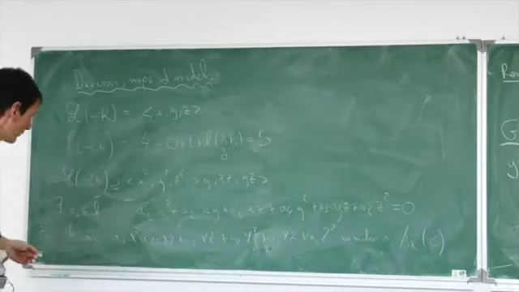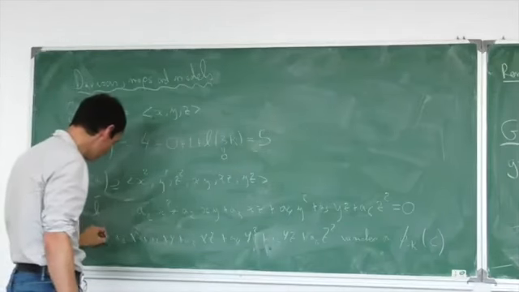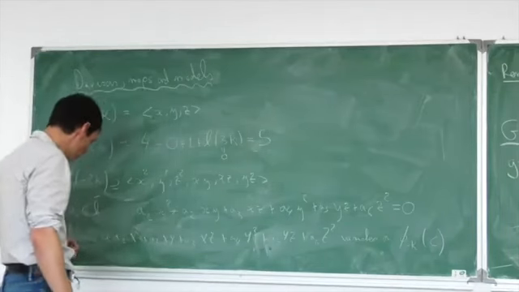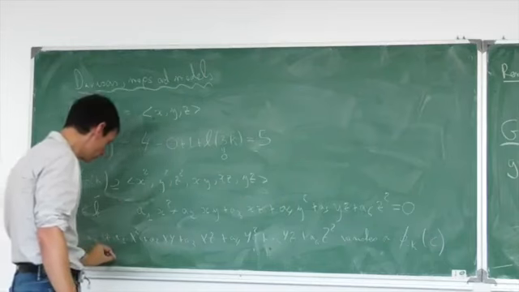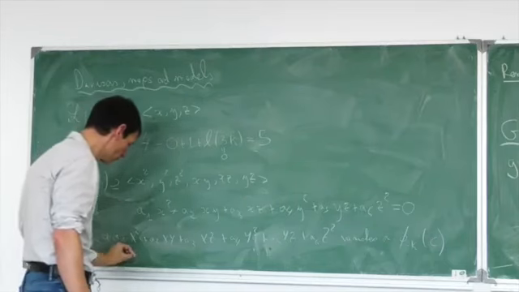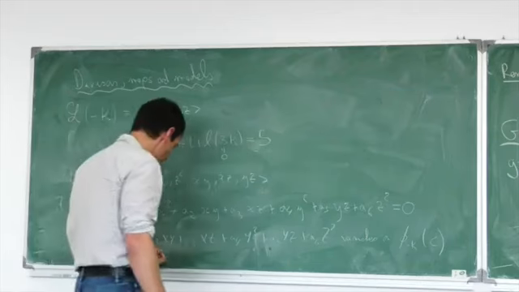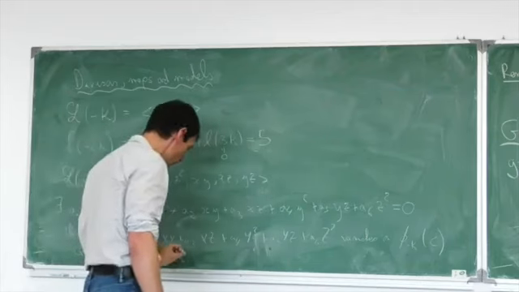So we are done. This is the conic Q. Q is an equation of phi minus kappa of C.